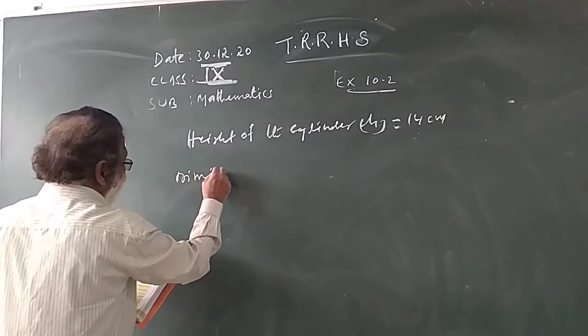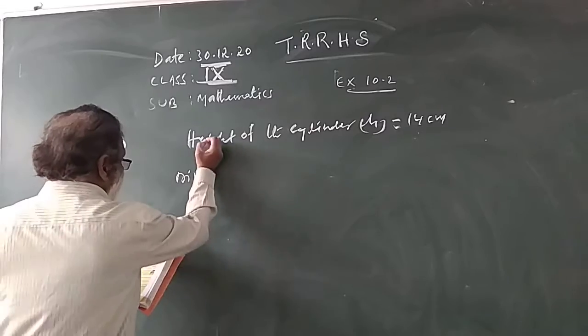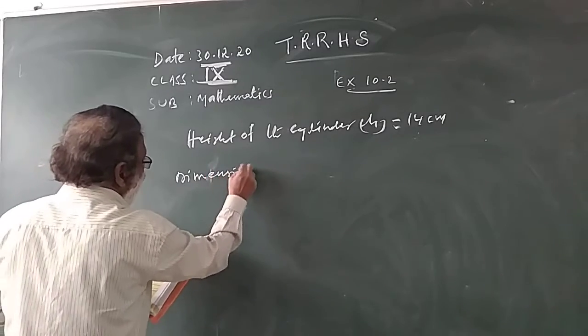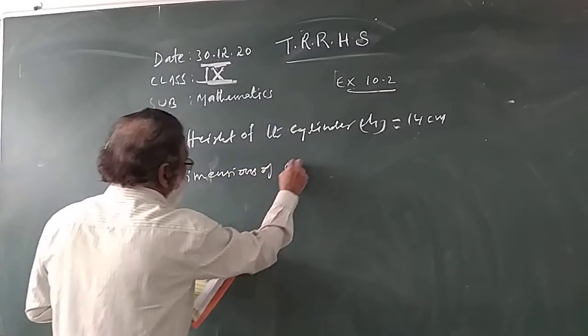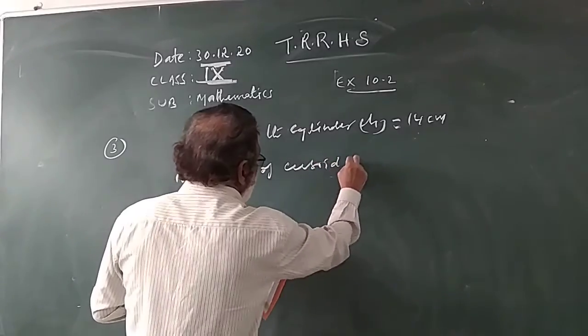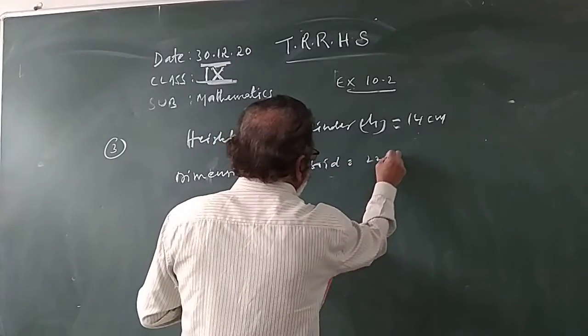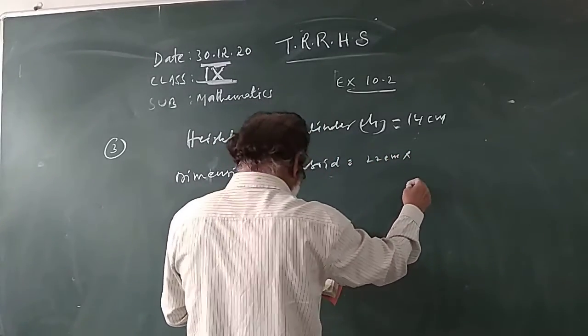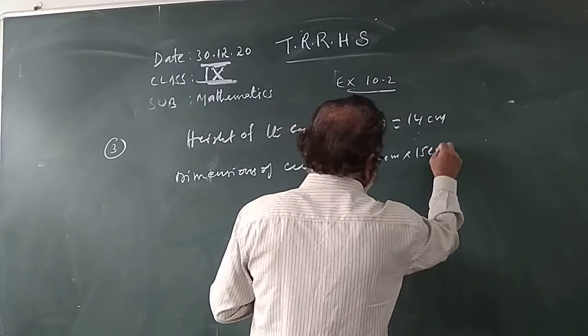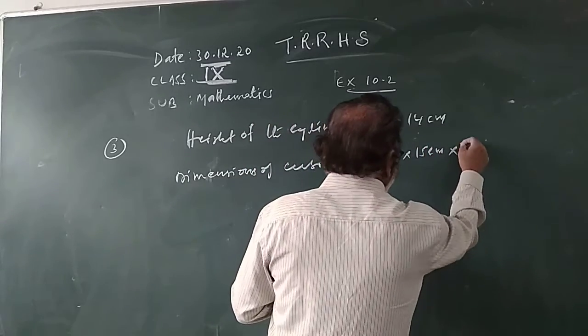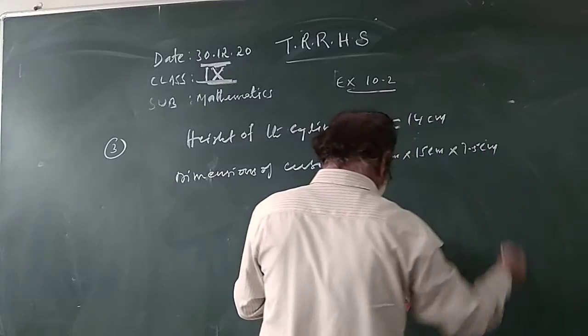Dimensions of cuboid are 22 centimeters into 15 centimeters into 7.5 centimeters.